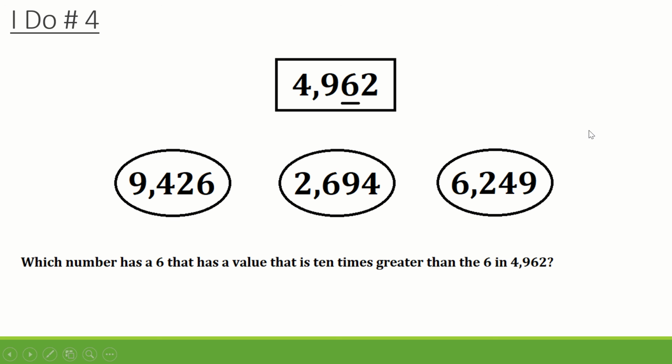So the correct answer, my friends, would be 2,694. And I know that that is the correct answer because here we have 6 in the tens place. And if that is 6 tens, and I want to know which of these numbers has a 6 that is 10 times greater, well, 60 times 10, friends, gets me 600.